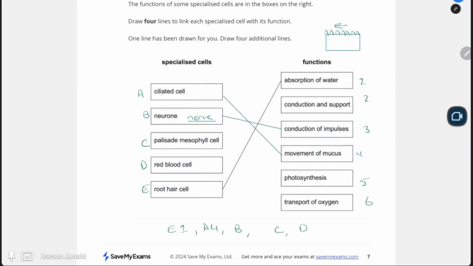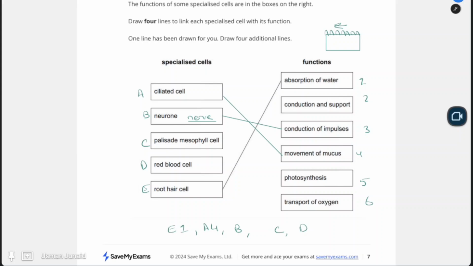Palisade mesophyll cell. We talked about this just now. Photosynthesis. Palisade mesophyll cells.